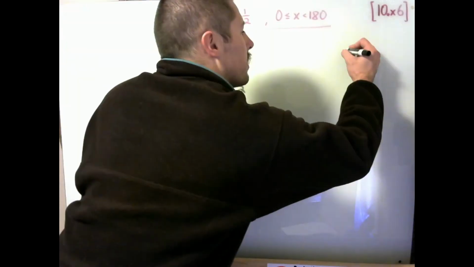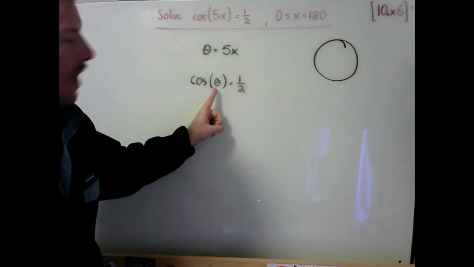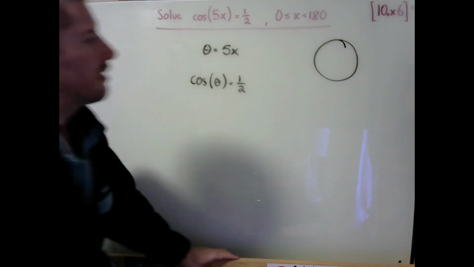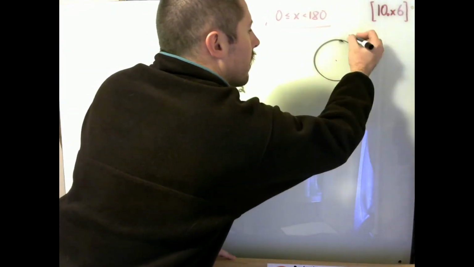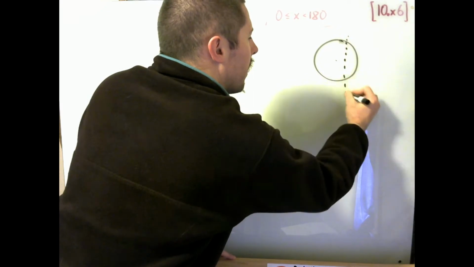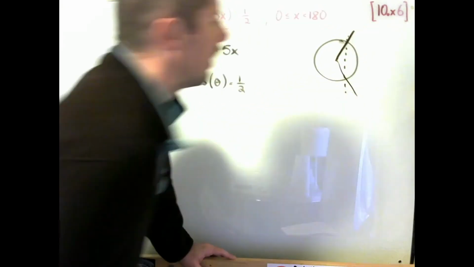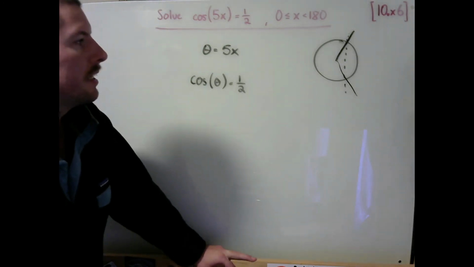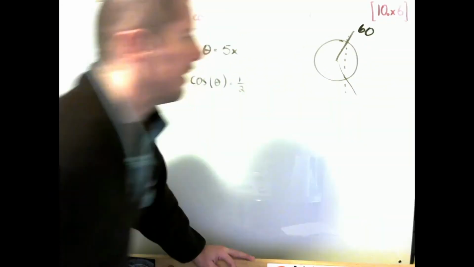In my unit circle, I am interested in finding all angles that will result in a value of positive 1/2. I can see these two angles appear to be the ones that I'm interested in. Hopefully we recognize these as 60 degrees for the top one.